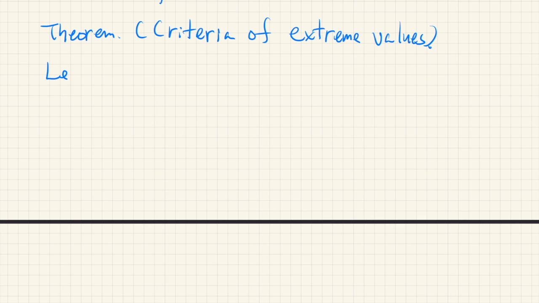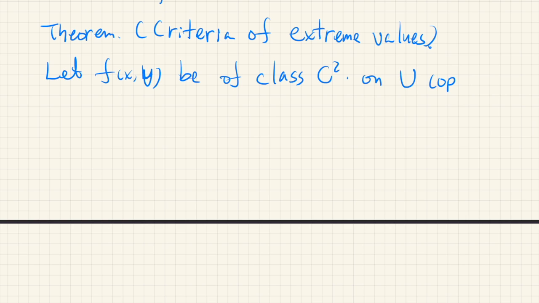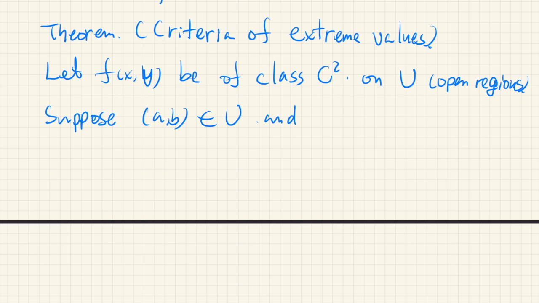So let f(x, y) be of class C2. That is, this function is at least twice continuously differentiable on an open region. So it should be defined on an open region. And suppose the point (a, b) is in this open region U, and the first derivatives at this point are 0.